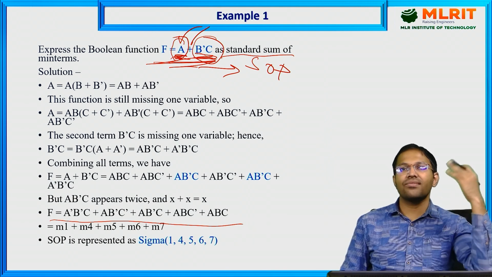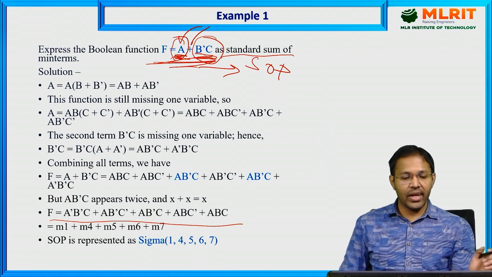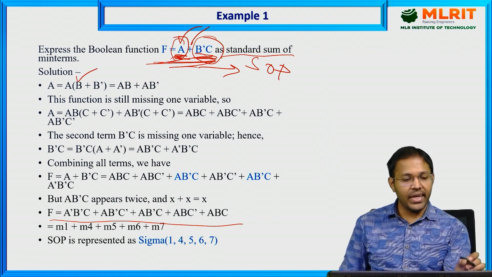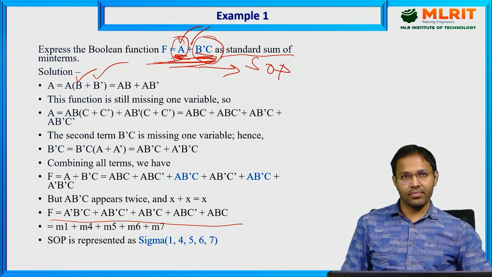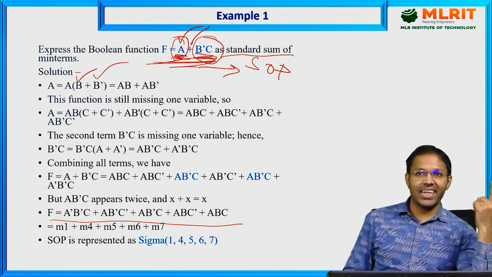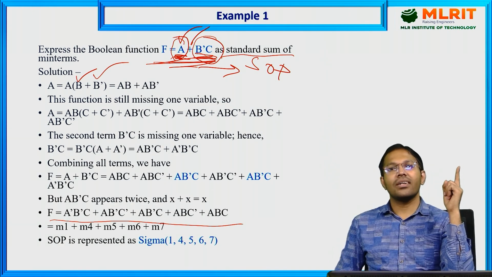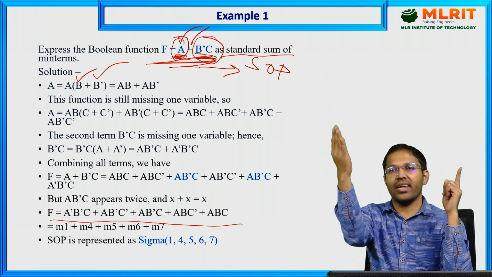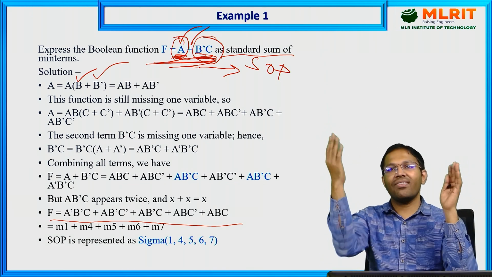Okay, so let us first bring B into it. So, how can we do that? B or B's complement. B is there, the complement of the term, B is not there. B is there or B is not there will always be true.